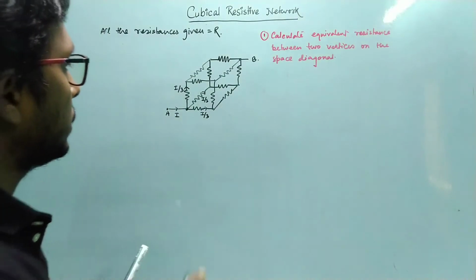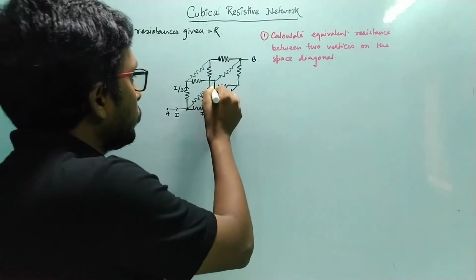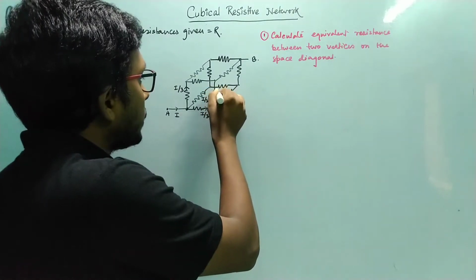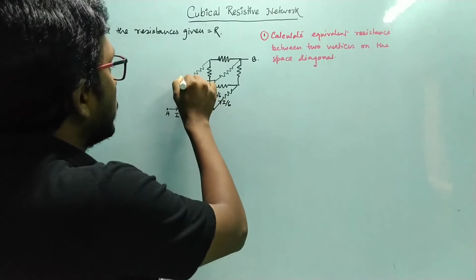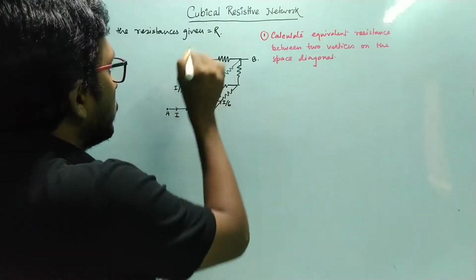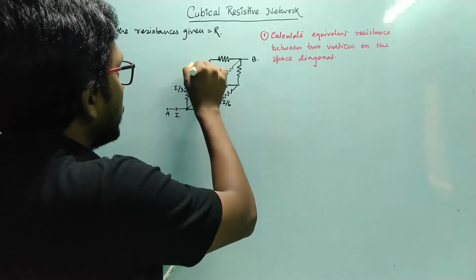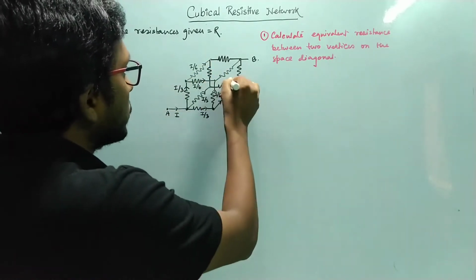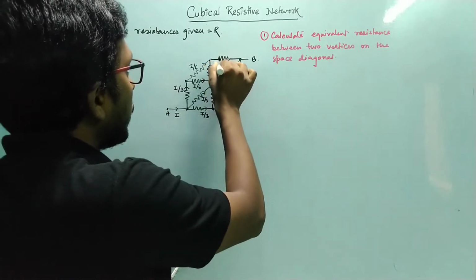After that, I by 3 will again be divided in 2 parts like I by 6 and I by 6. This I by 3 will be divided in I by 6 and I by 6, and similarly for this case also I by 6 and I by 6.